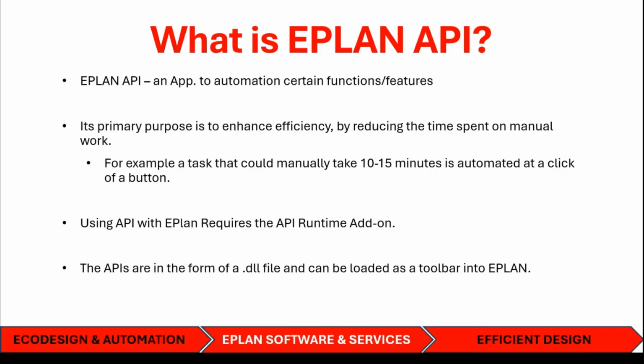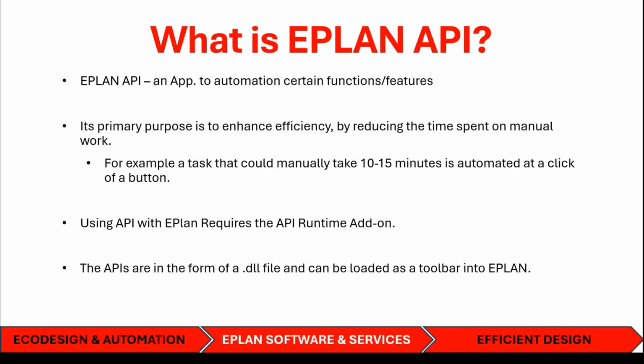So just a little background, what is EPLAN API? Essentially, EPLAN API is an app that you can use to carry out certain functions or features in EPLAN. The reason we have this is to increase efficiency when using EPLAN.